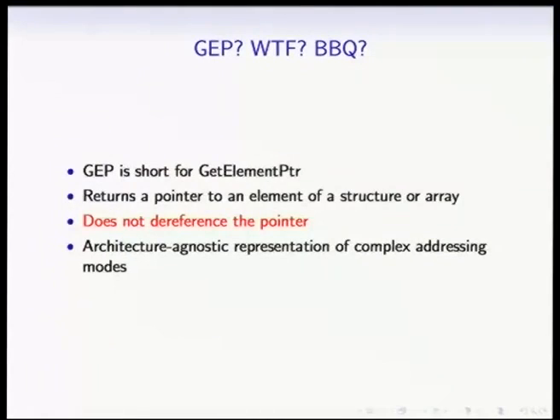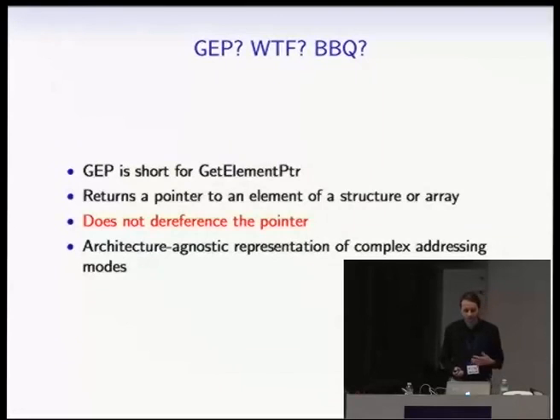I've sort of brushed over the GEP thing a bit because it's slightly confusing. It stands for get element pointer, which does exactly what it says. From the earlier example, we wanted to get a pointer to the first element in an array of characters.